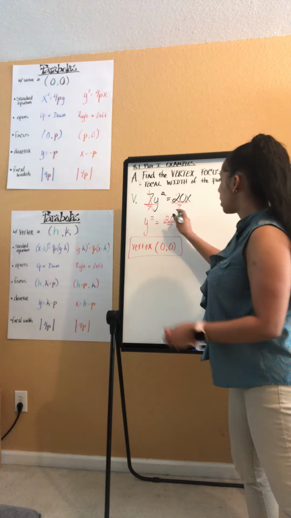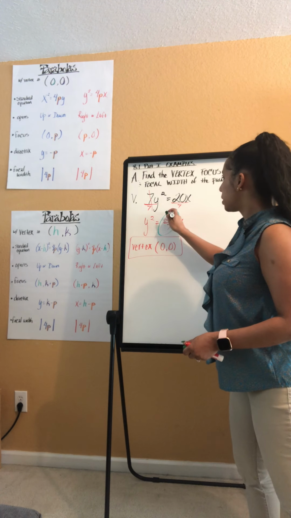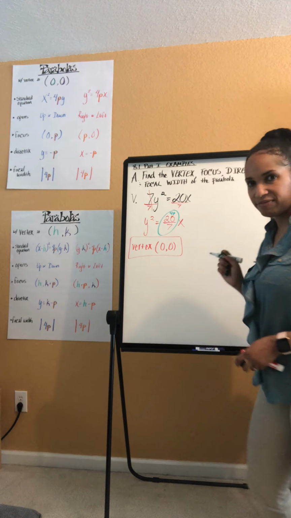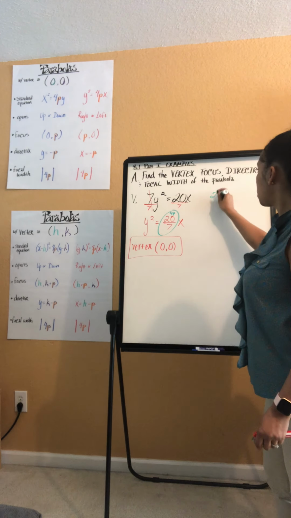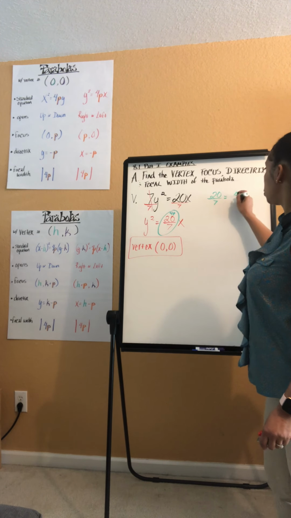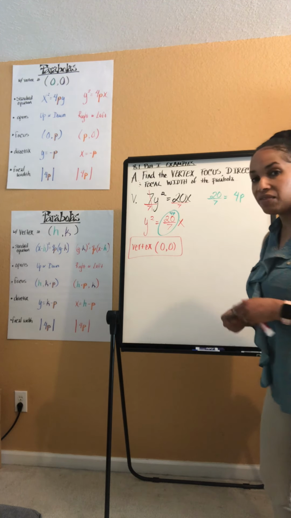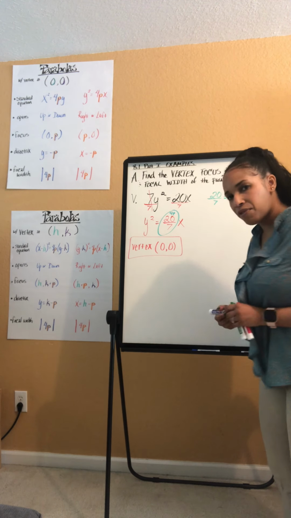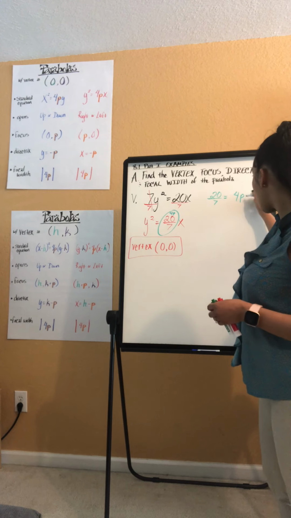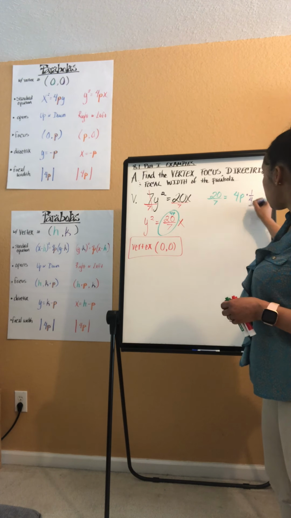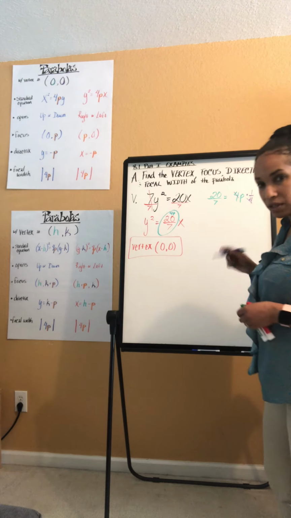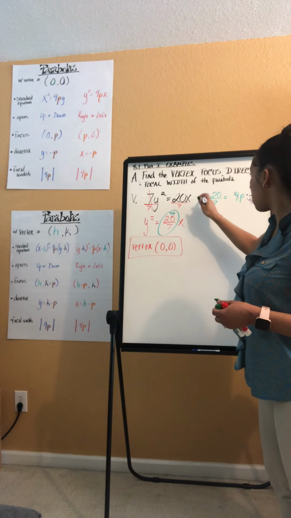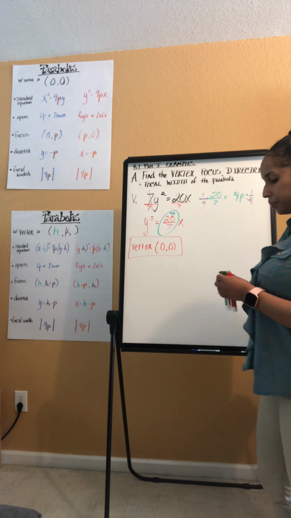All right? Then I always need to find my p. Okay, well, I said that this right here is your 4p. Ugly. All right, so if 20 over 7 is equal to 4p, I need to divide both sides by 4, or we know that dividing by 4 is the same thing as multiplying by 1/4. Yes, because the 4's will cancel, so I could just multiply both sides by 1/4.